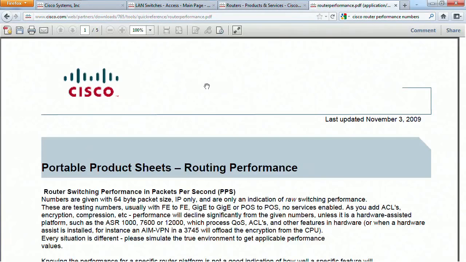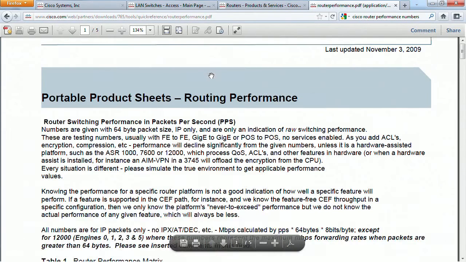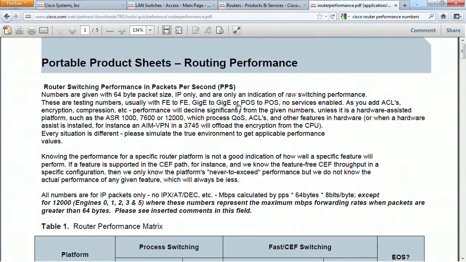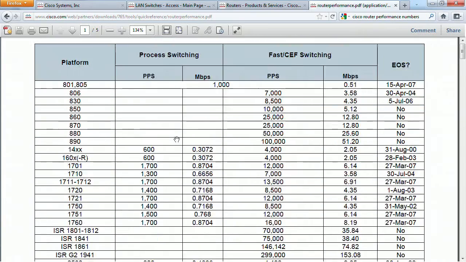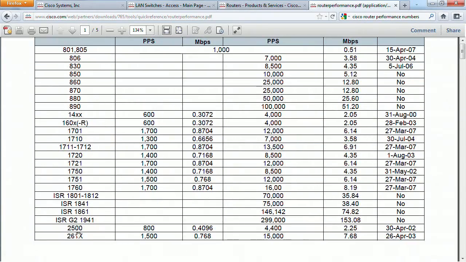It is this document here, Portable Product Sheets Routing Performance. Basically what this talks about is what are the different models of routers that they have and how fast can it send traffic. So this would give you an idea of how their numbering convention works and which routers are going to be better than the other ones.